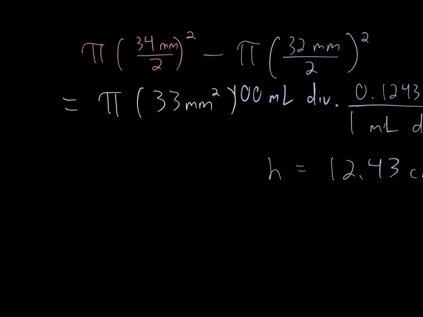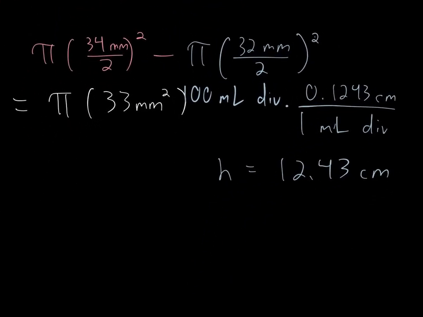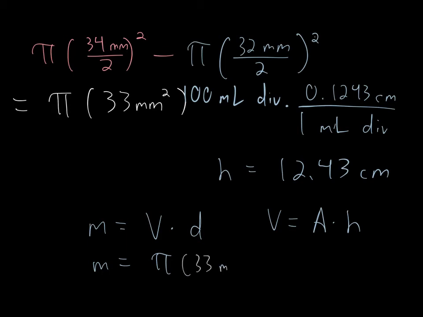Okay, so now let's solve using our formula where the mass of an object equals volume times density, where our volume equals area times height. So mass equals, where our area is pi times 33 millimeters squared, multiplied by our height, which is 12.43 centimeters.